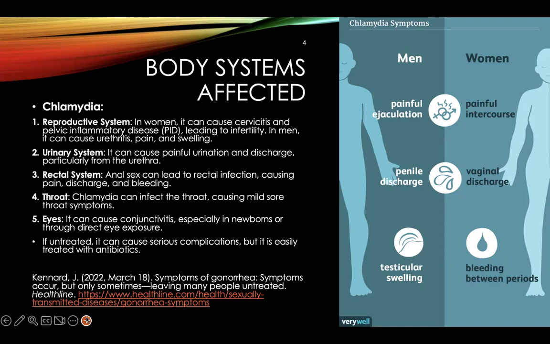Eyes can also be affected. In the eyes, it can cause conjunctivitis, especially in newborns or through direct eye exposure. If untreated, it can cause serious complications, but it is easily treated with antibiotics.